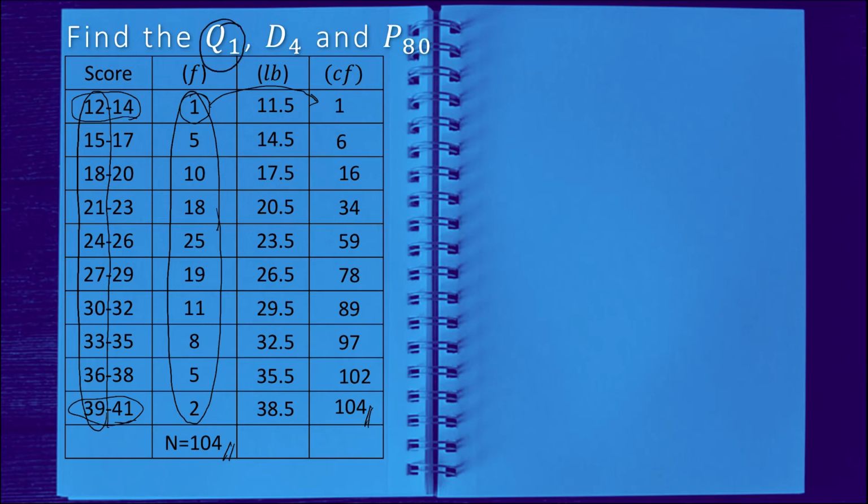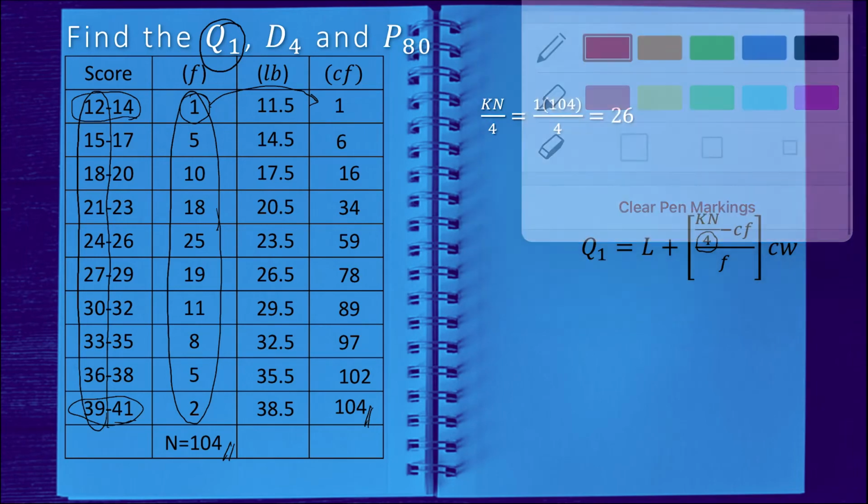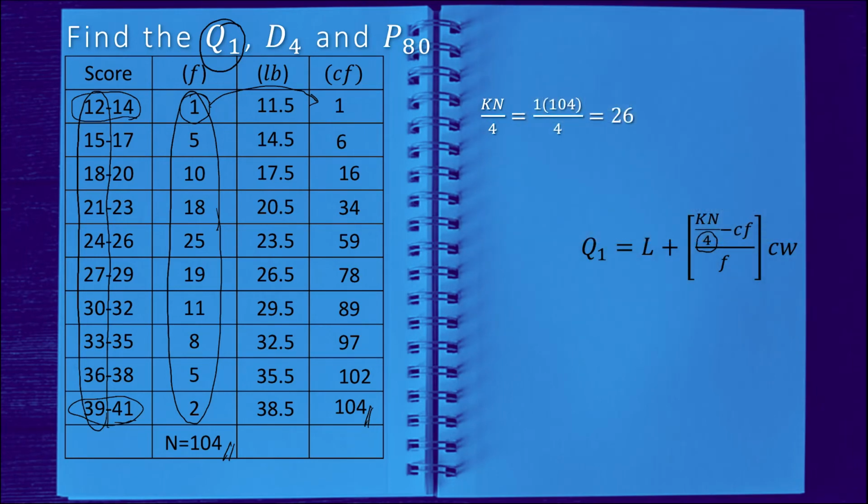Sagutan na natin yung unang tinatanong. That is the quartile 1. The first quartile, again, ang value po ng i natin is 4 kasi quartile yung hinahanap. Now, i-locate na natin yung quartile 1. 1 din po yung gagamitin natin as value ng k kasi quartile 1 yung ginagamit.